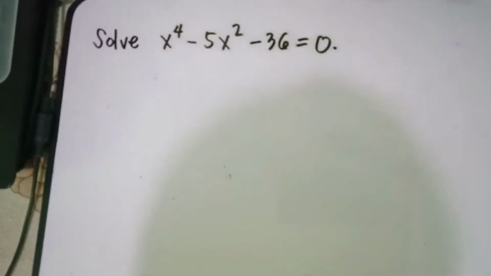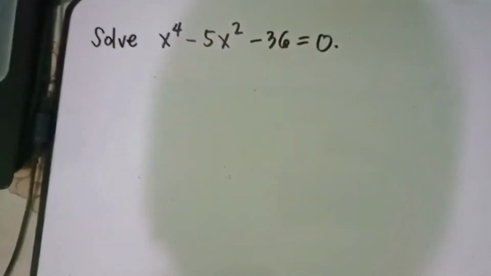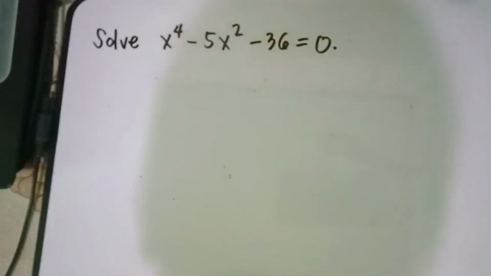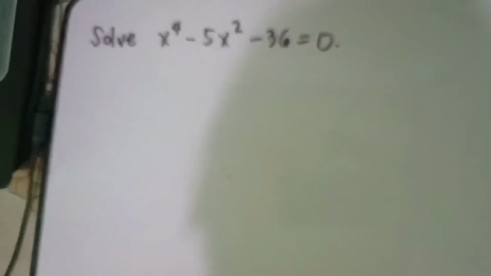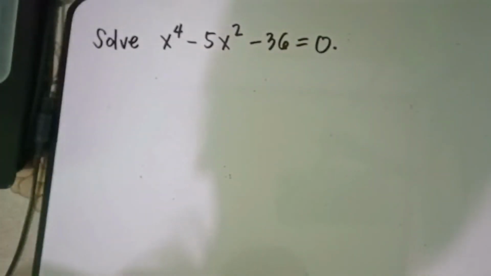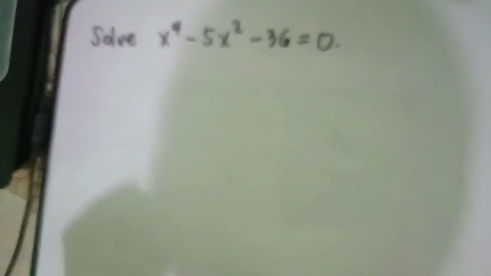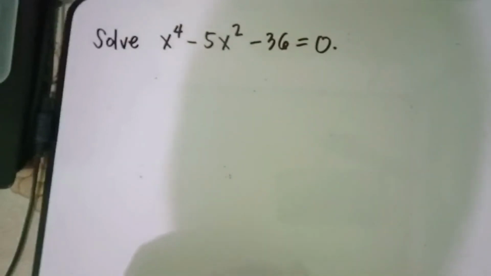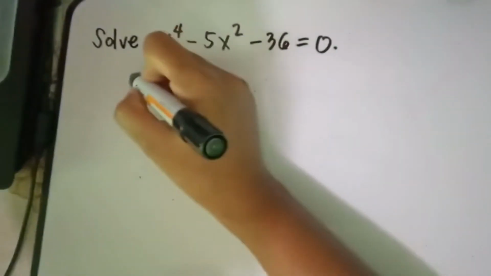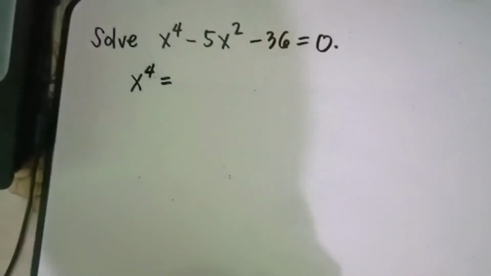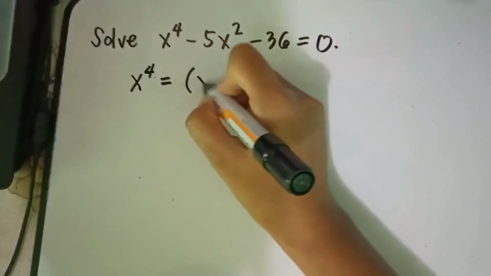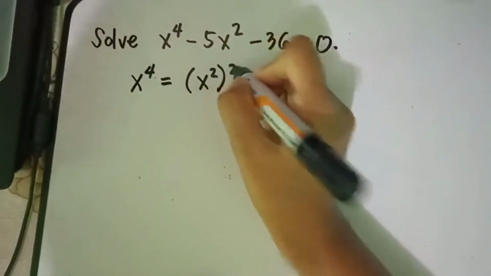So in this case, pwede tayong gumamit ng substitution. Okay? Kasi kung titignan natin yung exponent, biquadratic expression siya. So we are going to make substitution kasi kung titignan natin, x raised to 4 is actually x squared raised to 2.